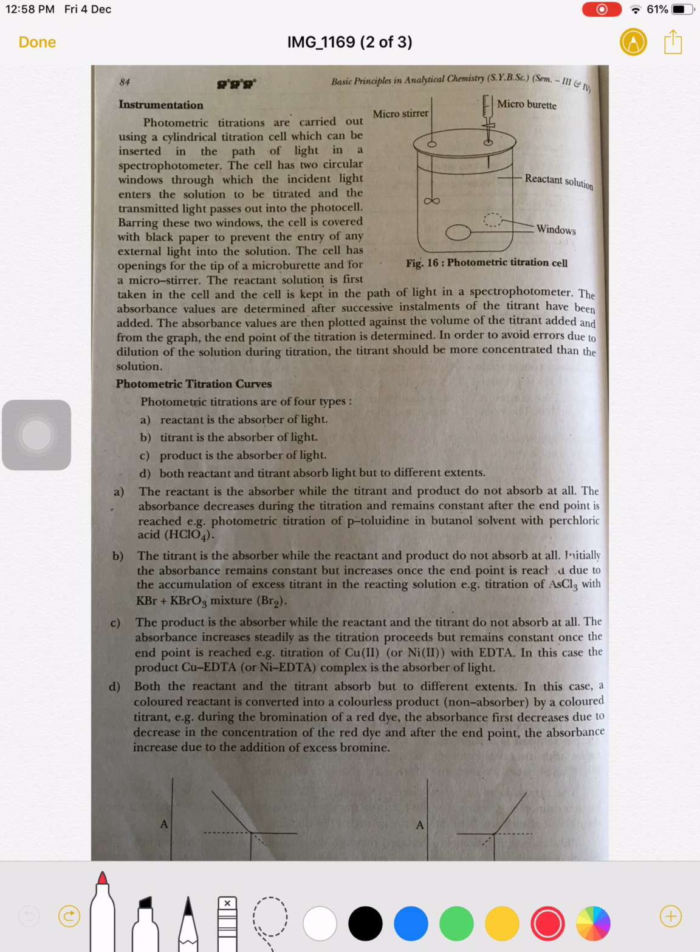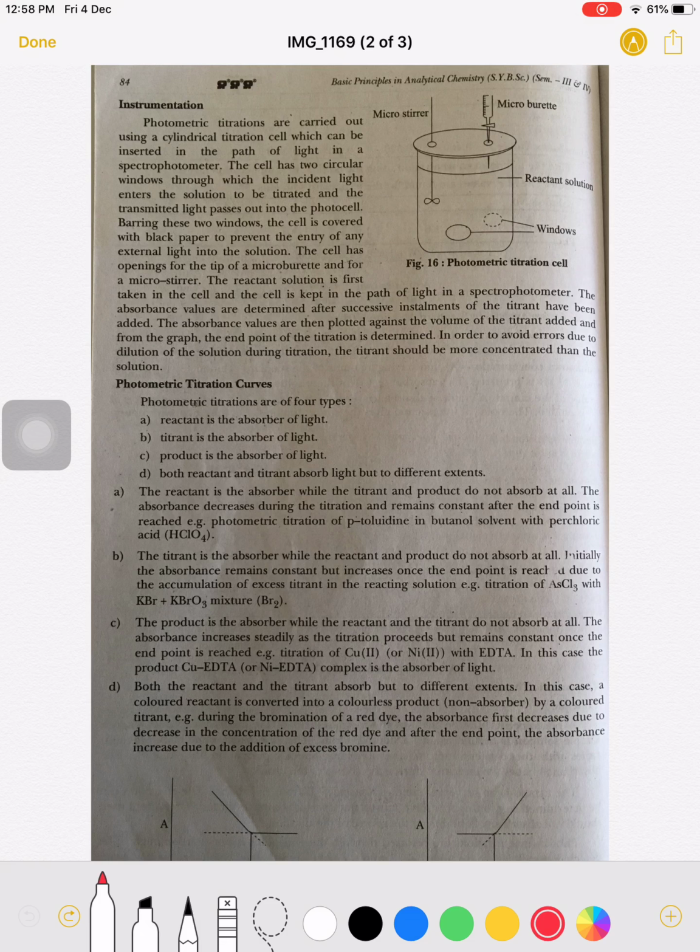There are four types of spectrophotometric titration curves possible. Now see the first possibility. If the reactant is the absorber of light only, then the titration curve is different. The second type: if the titrant, that is the burette solution, is absorbing the light, then also the curve is different.